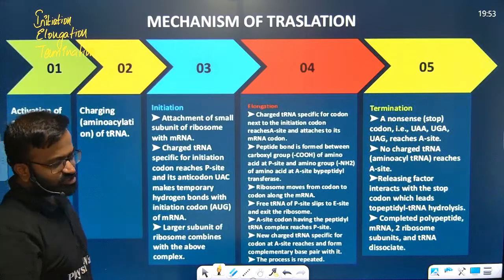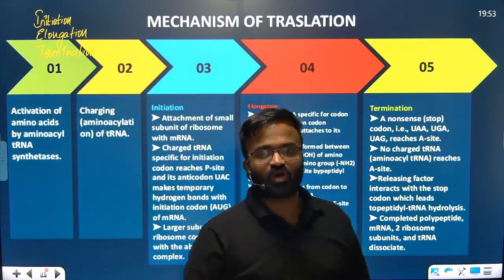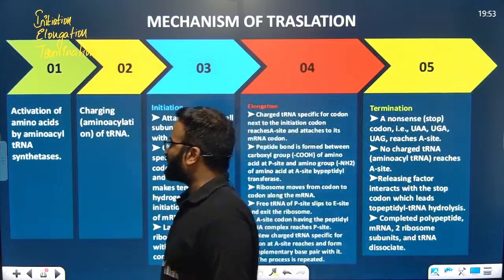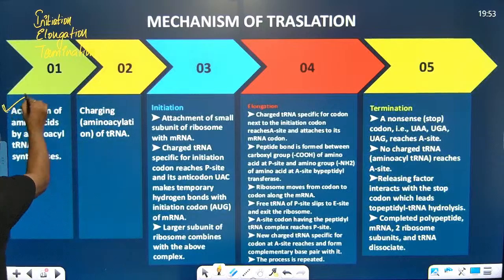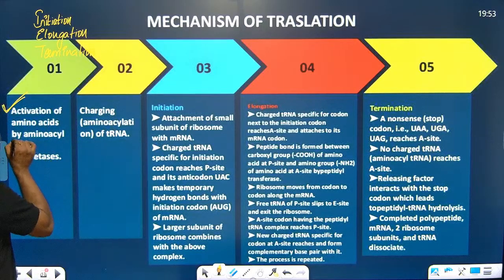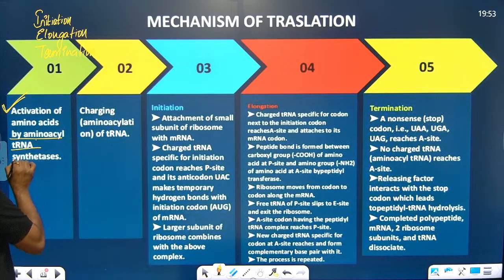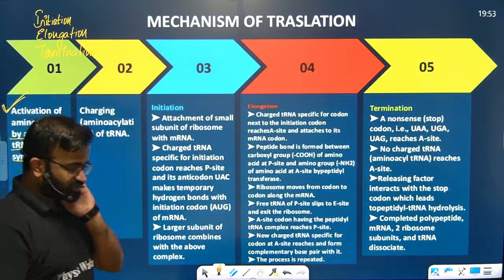But before initiation, there occurs a process called activation of amino acids, which is carried out by an enzyme called amino acyl tRNA synthetase. What is it?